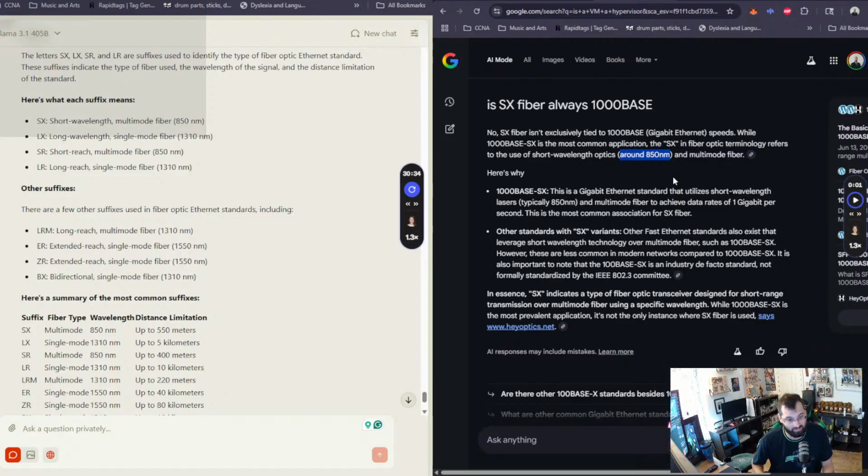Well, that doesn't make any sense, because if that was the case, then why is this ER, extended reach single mode fiber, 1550 nanometers, and this is ZR, extended single mode fiber, 1550?